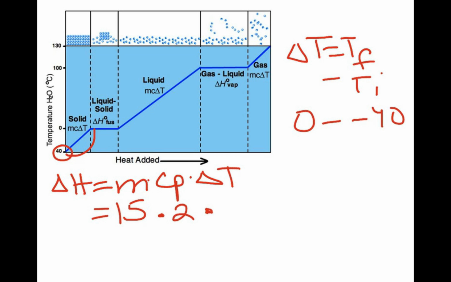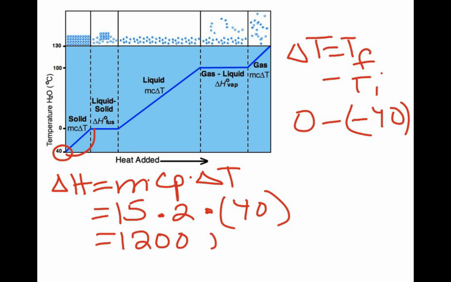So 0 minus a negative 40 is positive 40. So now all we do is multiply it together and we get 1200 joules of heat are needed to change 15 grams of ice at negative 40 degrees to ice at 0 degrees Celsius. There is no change in phase yet.